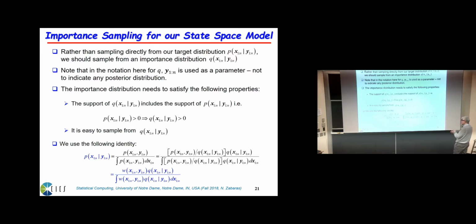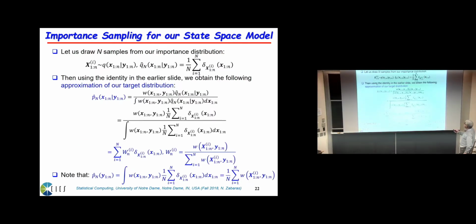This is exact. So the posterior is equal to the weight times Q over the normalizing factor: the weights are the unnormalized posterior, the joint, divided by Q. You can see this is straightforward, right? Because W is gamma over Q, times Q, and gamma over the normalization factor of the distribution gives you the actual distribution.